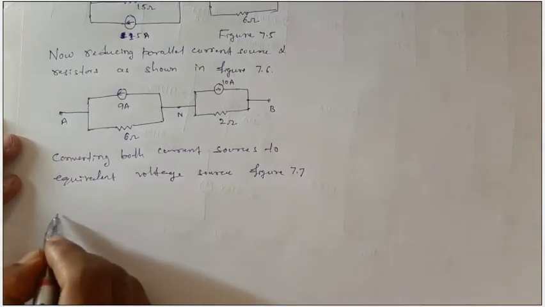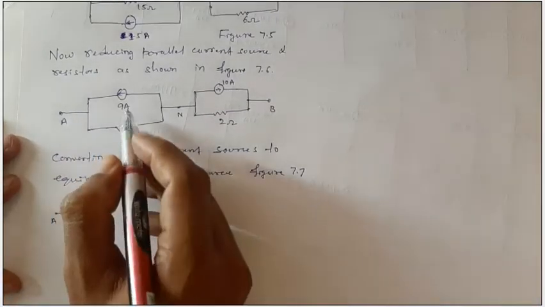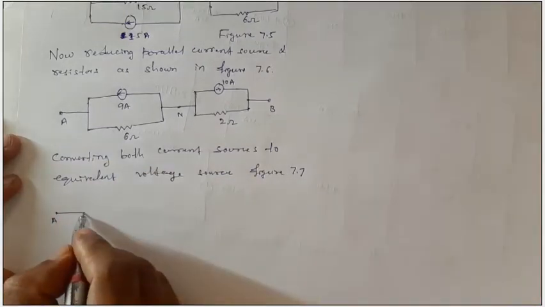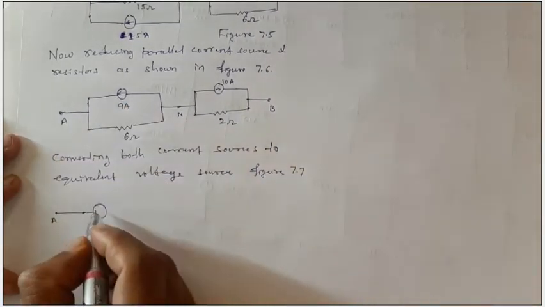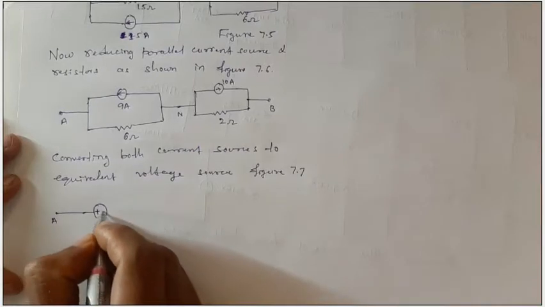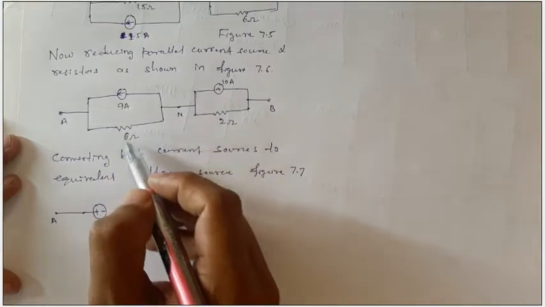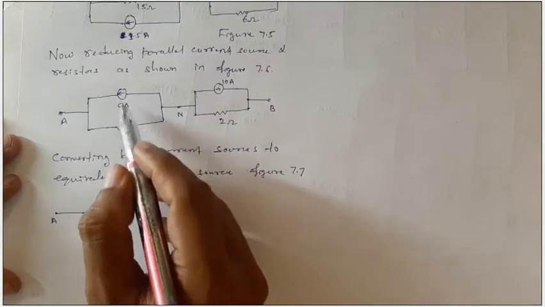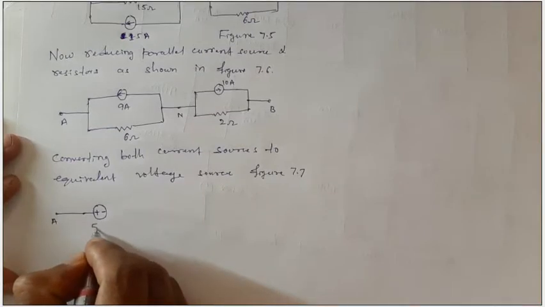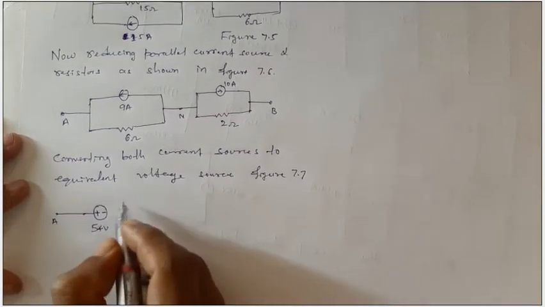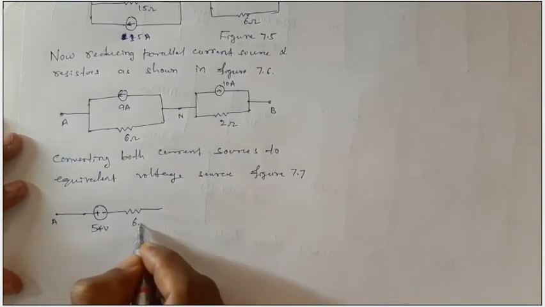Now this is point A. From point A, converting this current source to a voltage source, because the arrow mark is left side, this is plus, this is minus. When we convert, both should be multiplied: the current into resistance, V is equal to IR. 9 into 6 is 54 volts, and this is 6 ohm in series.